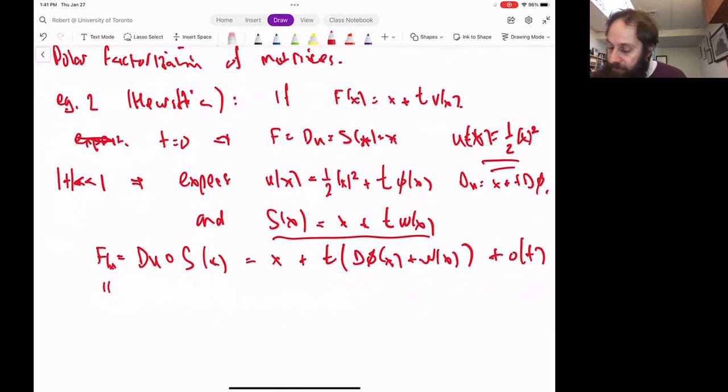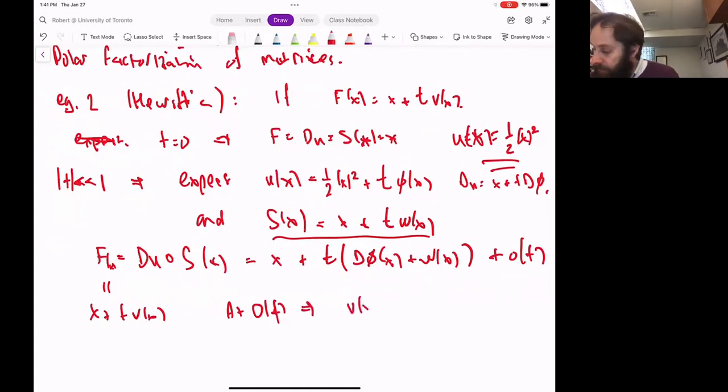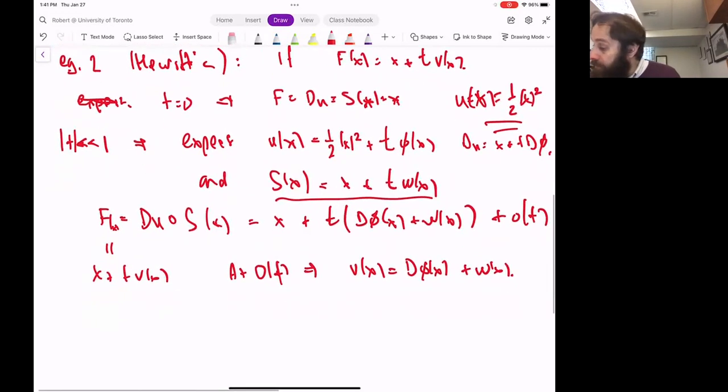And of course, F in this example was x plus tV. And so equating things at the coefficient of t tells me that Brenier's theorem is telling me I can write an arbitrary vector field V as a gradient plus W, where this thing here is supposed to be measure preserving.